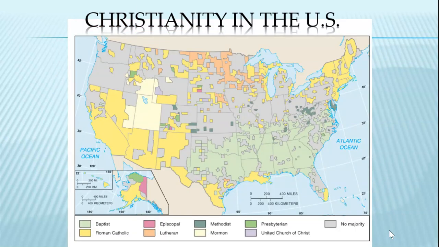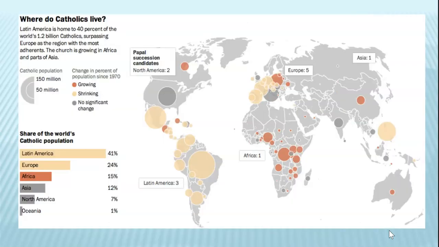And when you look at Christianity in the U.S., you will see clustering of different denominations, and we will talk about this more in class, right? Lots of people in the United States are Protestant, but we have a significant Catholic population as well, and a smaller Orthodox population. And then in terms of the largest denomination in Christianity, it is Catholicism, and here is where Catholics are distributed around the world.